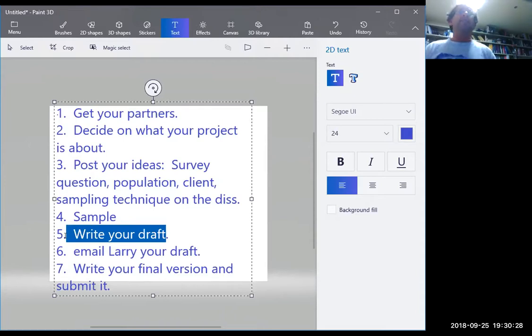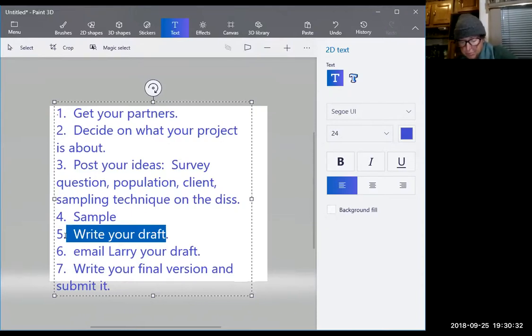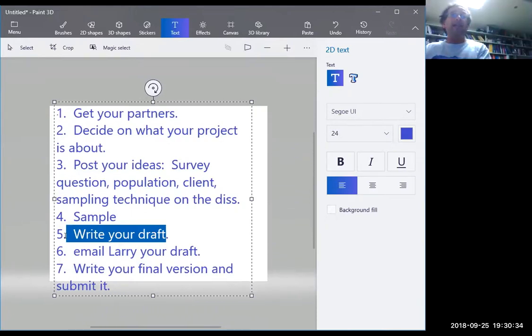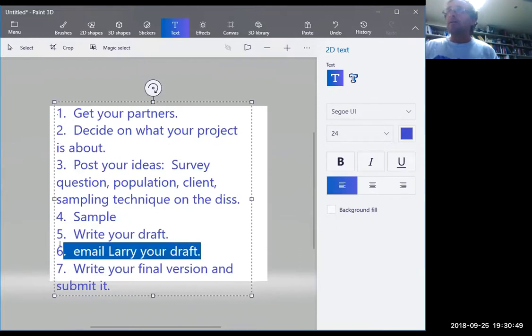Writing your draft is going to take some time. It's usually around 8 to 10 pages, including posting the spreadsheet and the charts, so it's probably 5 or 6 pages of writing. I don't give a limit on writing, but if you try to do it in a page, it's not going to be good for you. So email the draft.